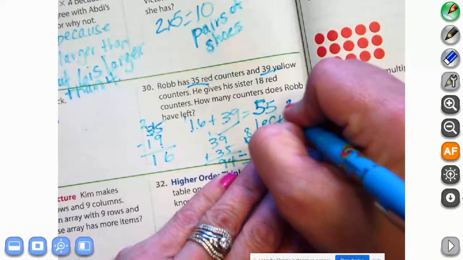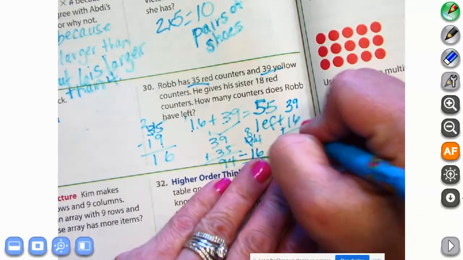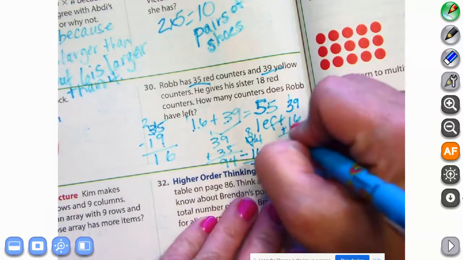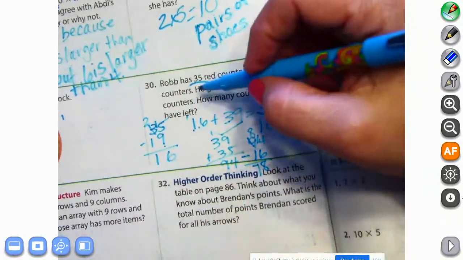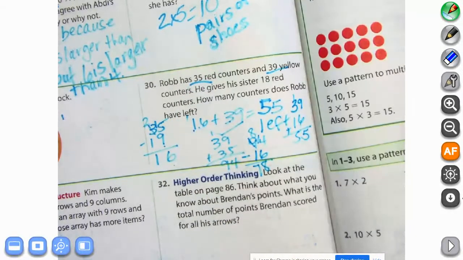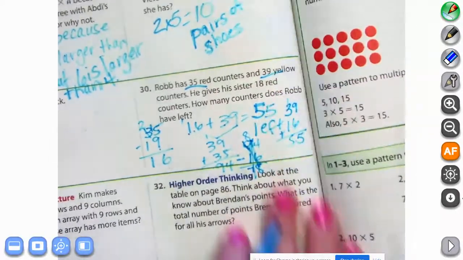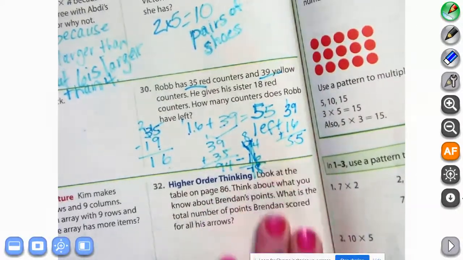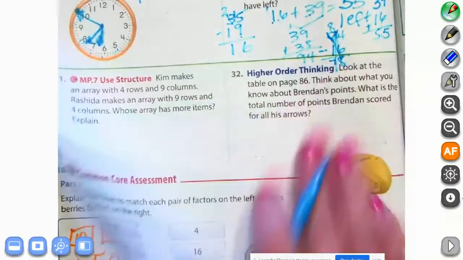Let me stack it. 39 plus 16. 9 plus 6 is 15. 55. Did I do my math right? Yeah, so it should be 55. 55 left. Something looked funny to me there. I must have subtracted this part wrong right here.